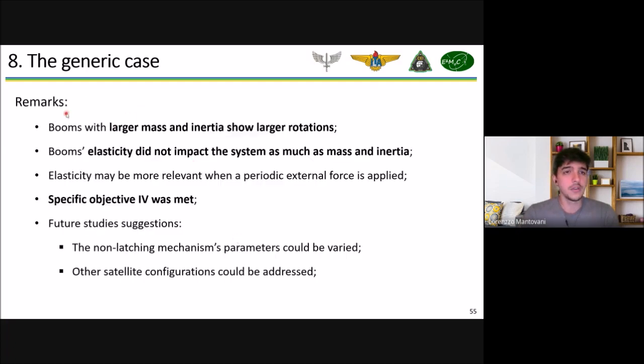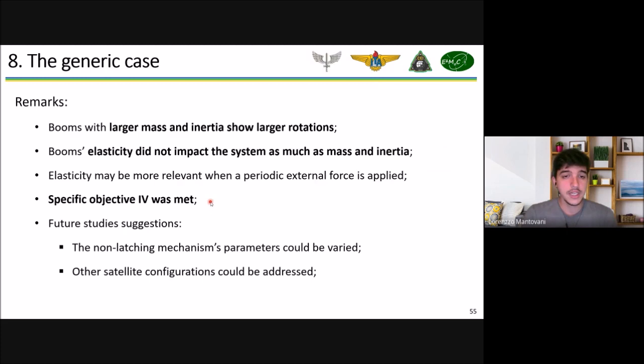Some of the remarks of this case are that booms with larger mass and inertia show large rotation, and elasticity did not impact the system as much as mass and inertia, but this could be just because of the case we considered, and we did not apply any periodic external force to it. Also, we met specific objective 4, which was to see the impact of mass, inertia, and length of these booms on our satellite dynamics and control system.